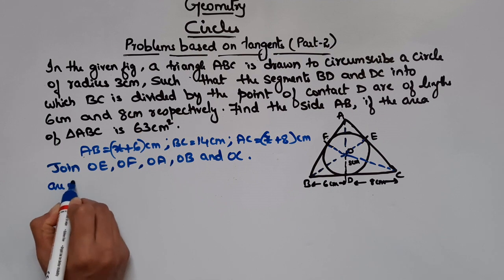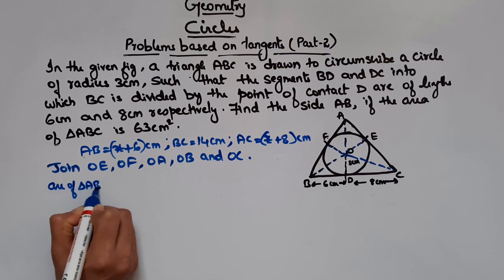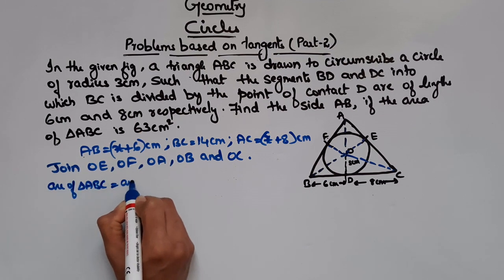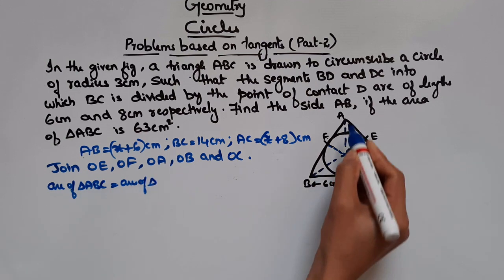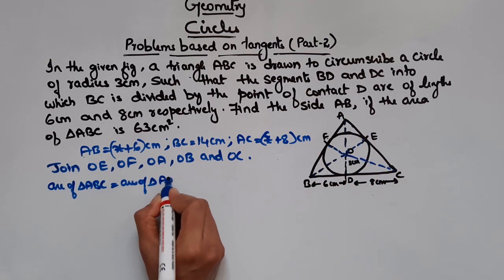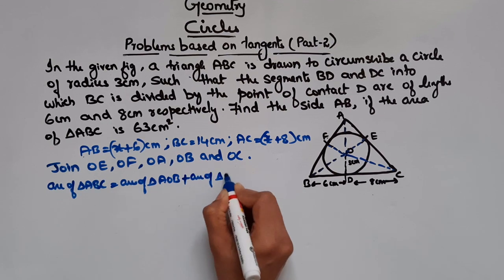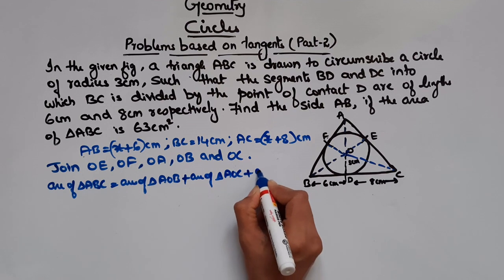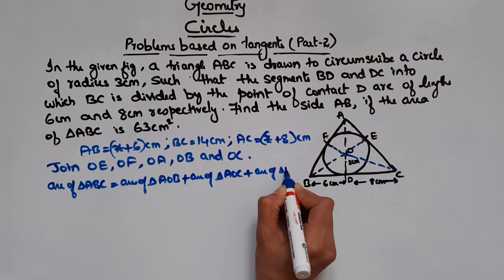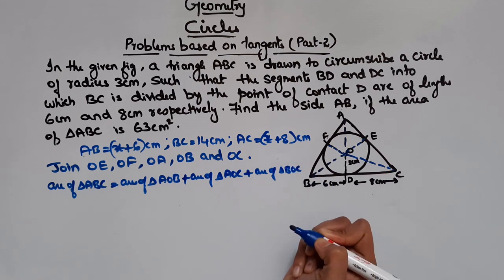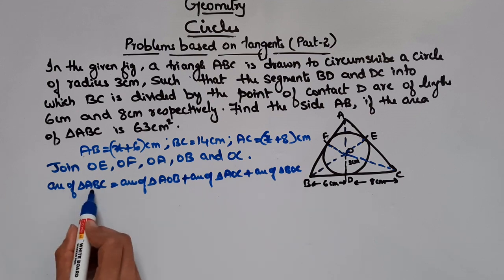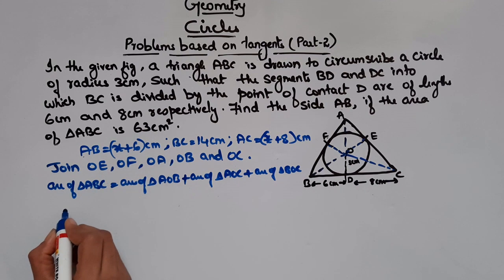Area of triangle ABC is equal to area of triangle AOB plus area of triangle AOC plus area of triangle BOC, right?